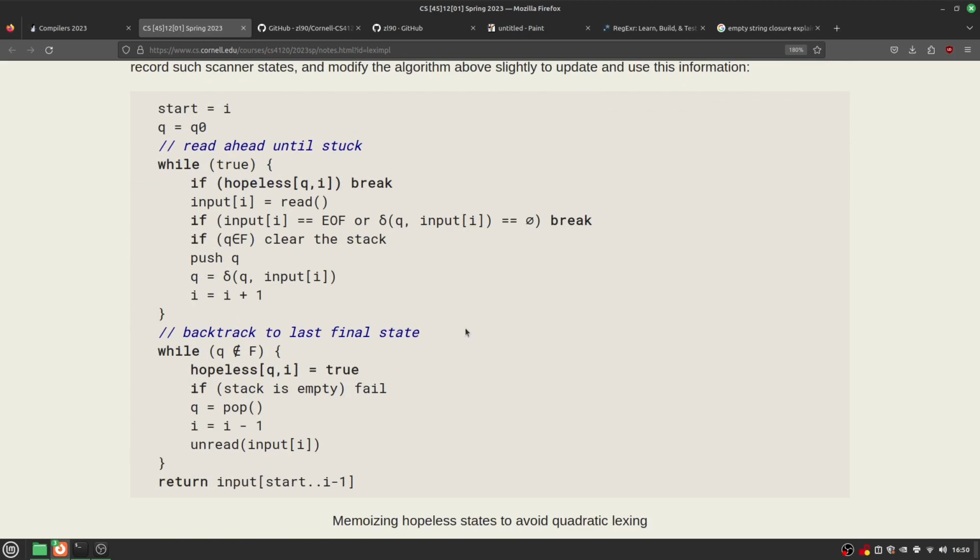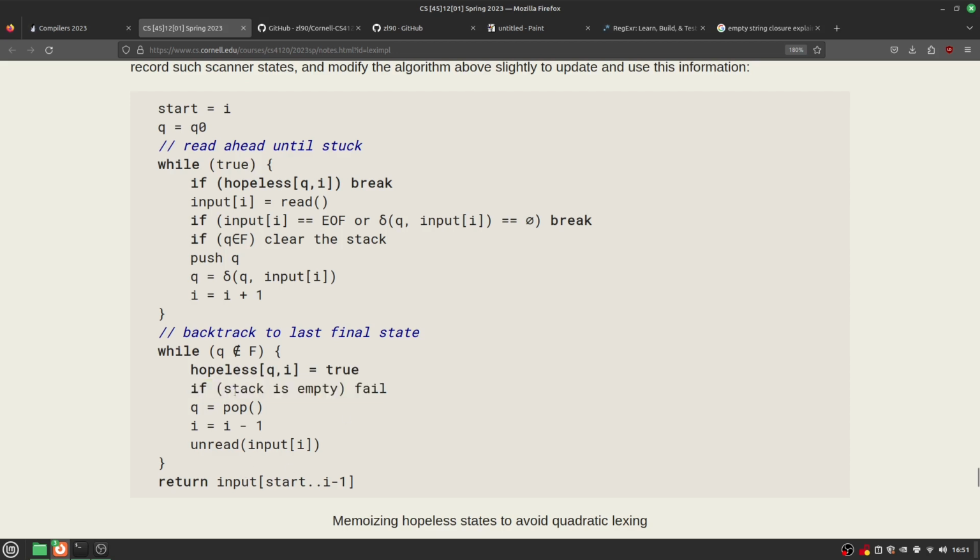So if we're in a hopeless state at the current index in the file, we break and we move to backtracking. While the current state is not final, we set hopeless at the current state and index to true.